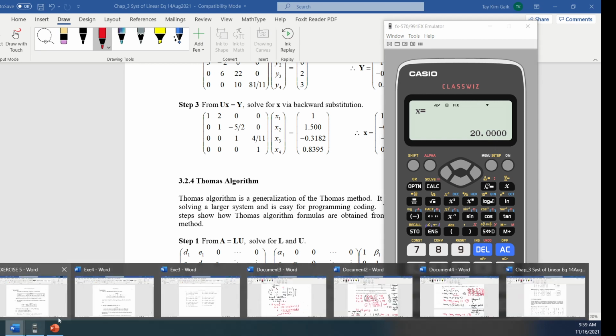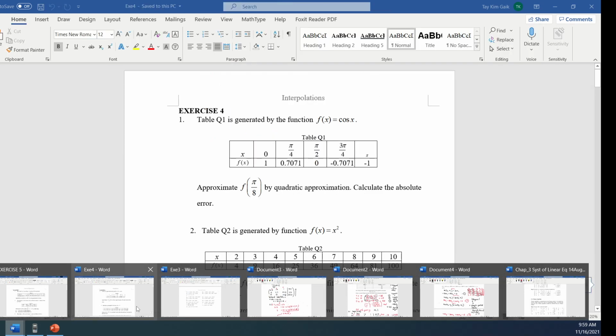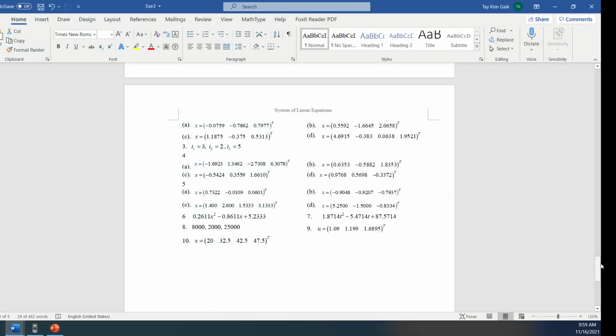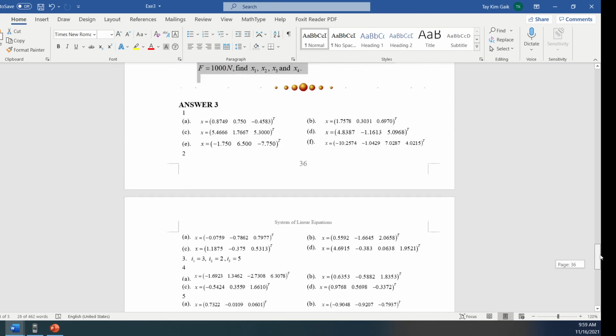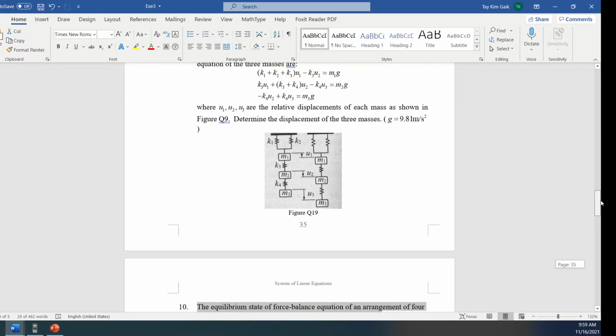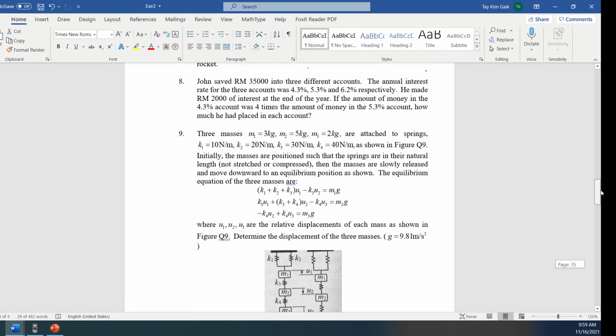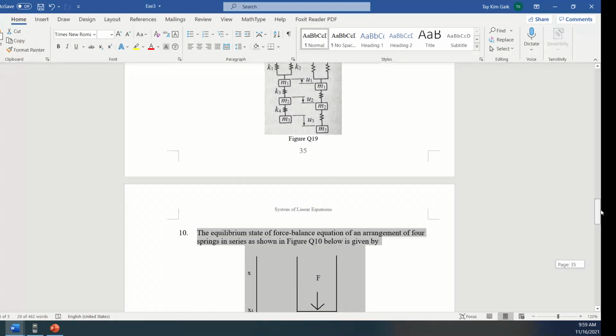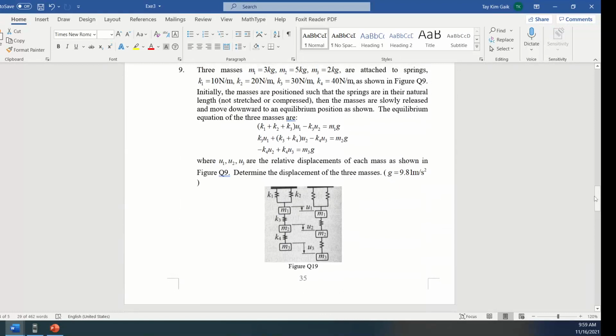So which questions? Okay, exercise 3, question 10. Application questions. Question 3 is also similar. Like question 10, plug in all the K1, K2, K3, and the M1, M2, M3.